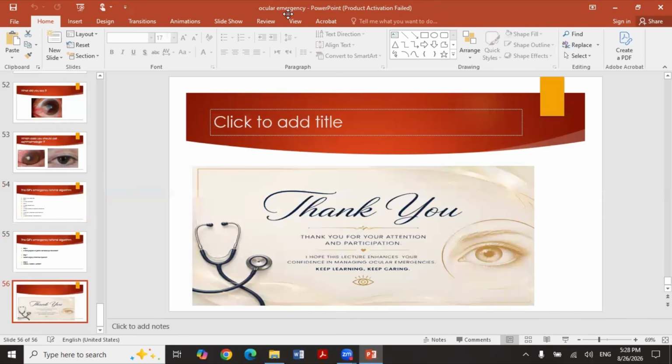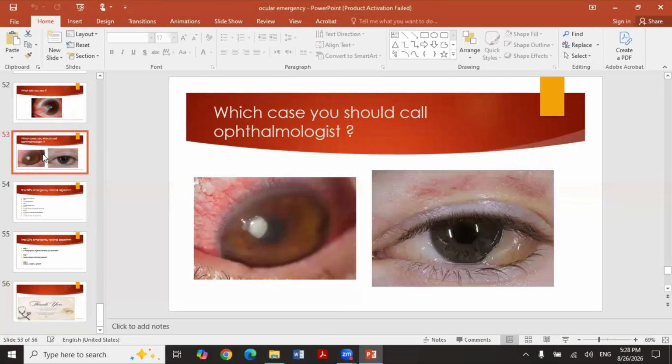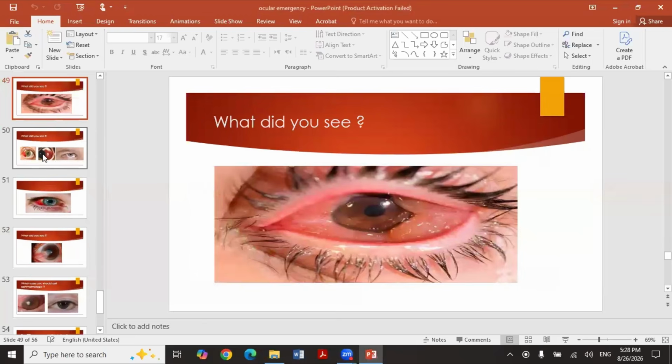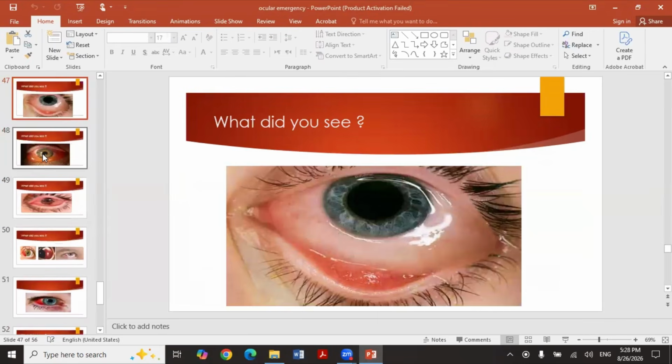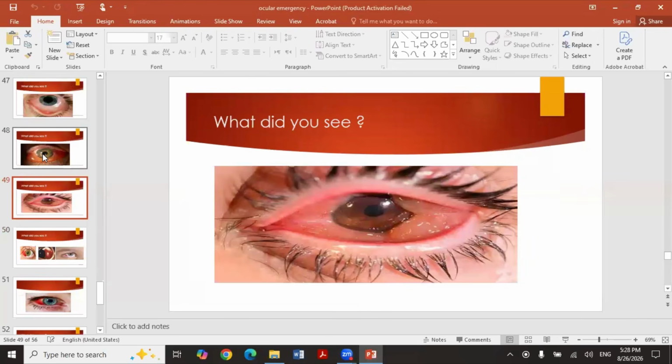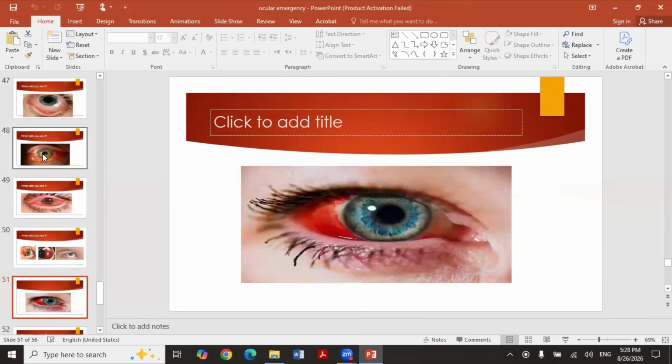Anyone have any questions? Okay, one more question, just one more. One of the challenges we have in the ER is that some of these conditions you mentioned, pterygium, chalazion, retinal detachment, subconjunctival hemorrhage, are things we see on a regular basis. But these patients are very impatient and anxious. When they come, they say, blood is in my eye.